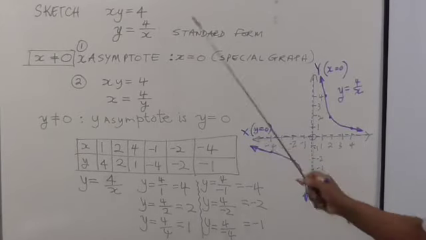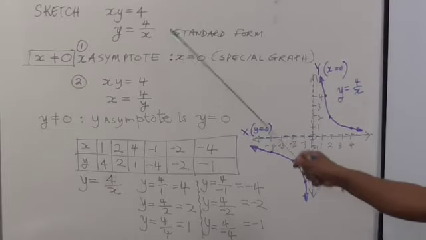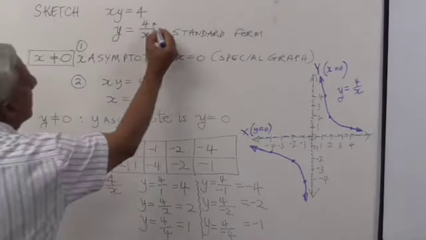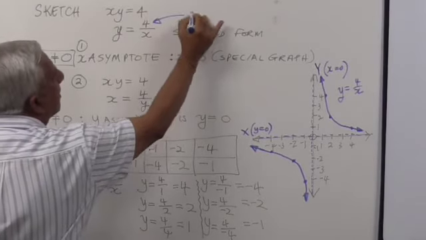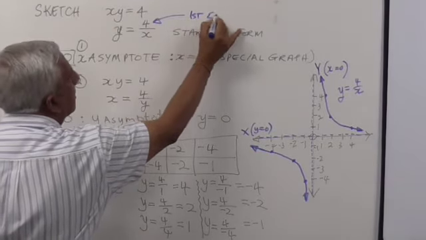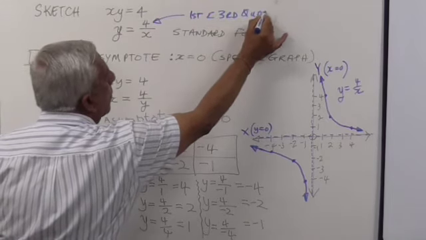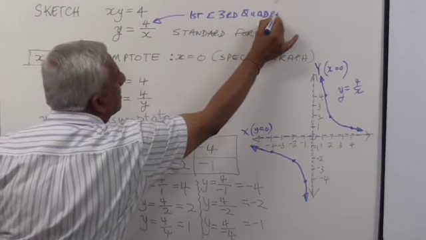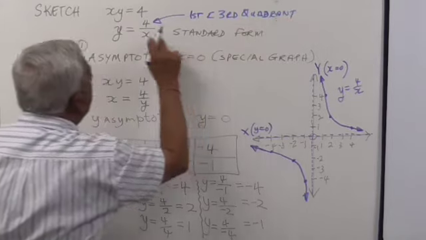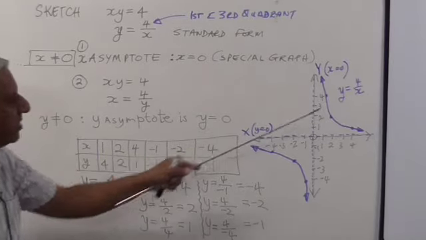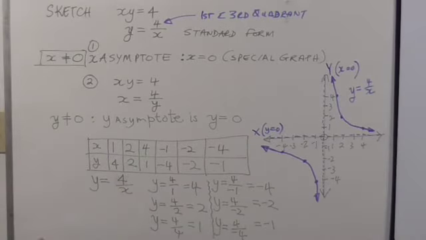We have discovered that now after drawing this graph. So I can put it back in the notes there, and I can just make a little arrow like this and say first and third quadrant. So whenever the numerator is positive, the graph will be in the first and the third quadrant.